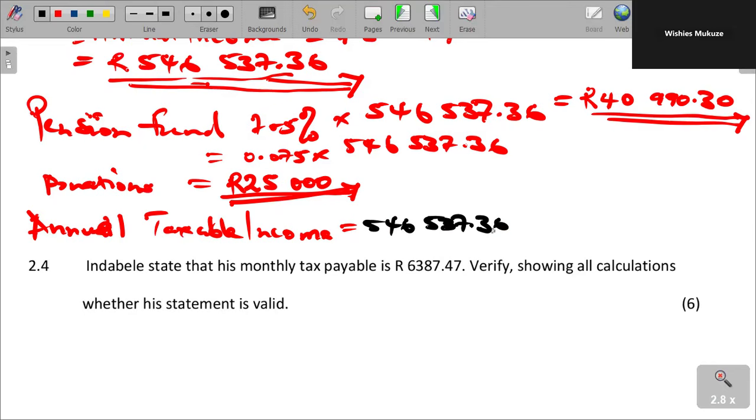Minus, to make it easier for some of you who might wonder what is happening, minus 40,990.30 cents, minus 25,000.